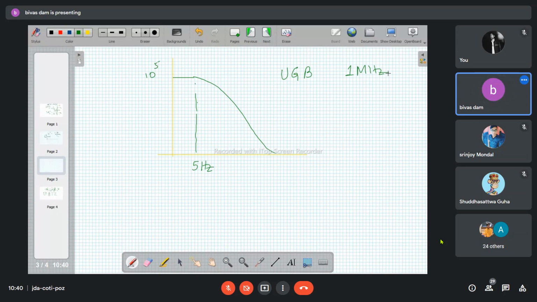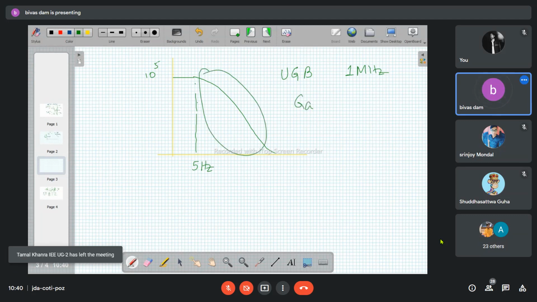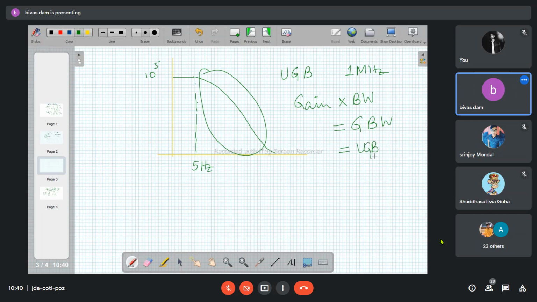At around 10 kilohertz, the open loop gain will become around 100. So in this region, the gain and the bandwidth product remains constant, and that is called the gain bandwidth product. So for the IC 741, the gain bandwidth product is 1 megahertz.